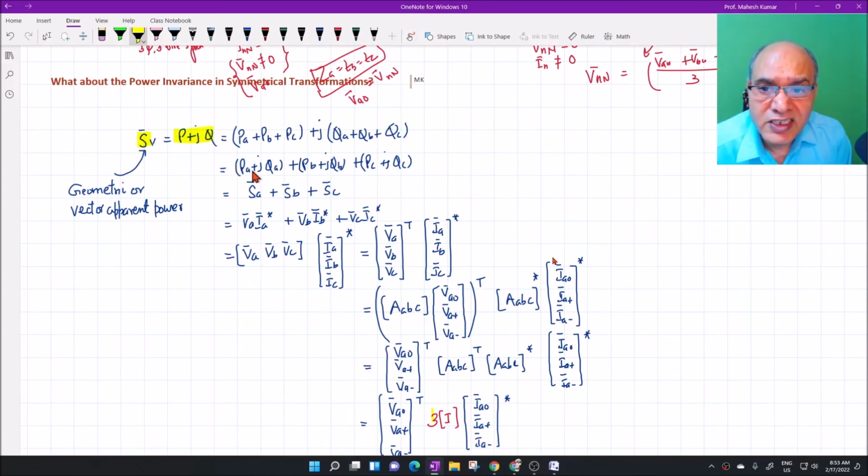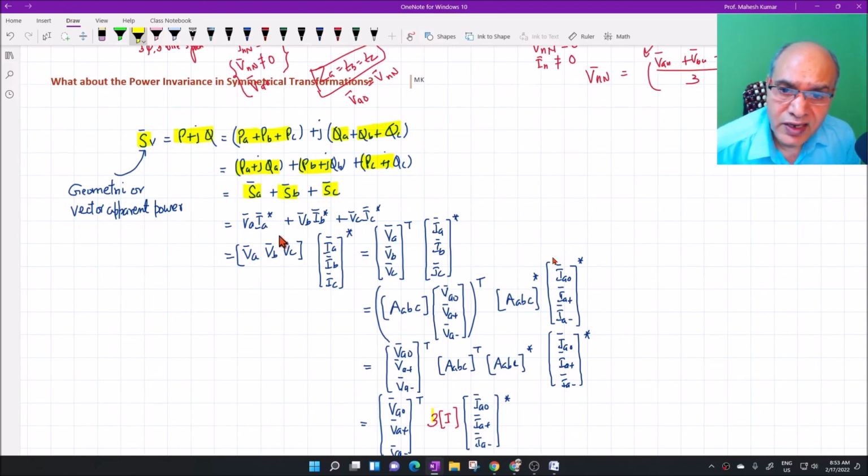In this particular case, P is the sum of PA plus PB plus PC, and Q is the sum of QA, QB, QC. We can combine them on the phase basis: this is A phase, this is B phase, this is C phase, which means we are adding the individual phase apparent powers SA bar, SB bar, SC bar.